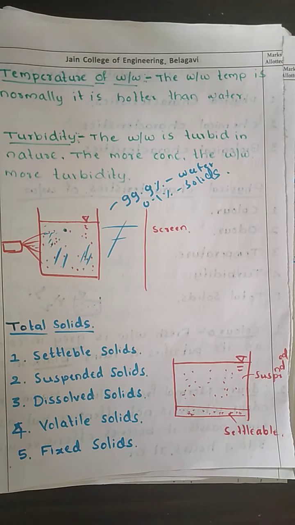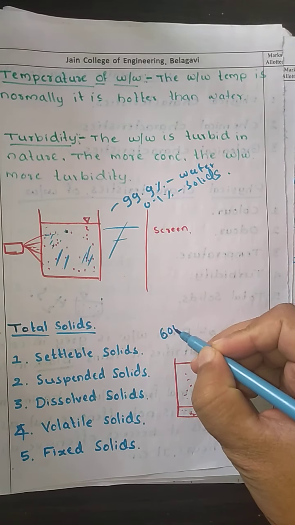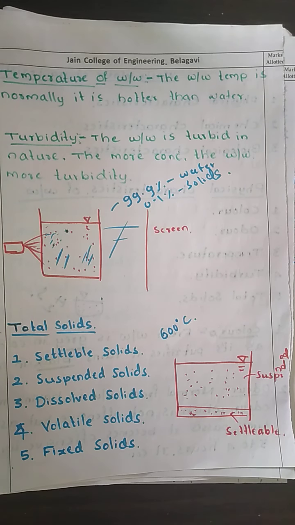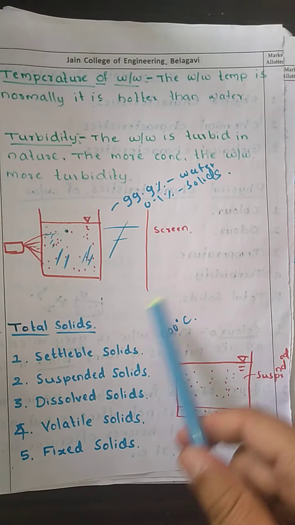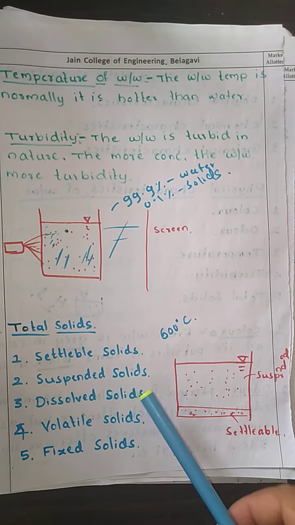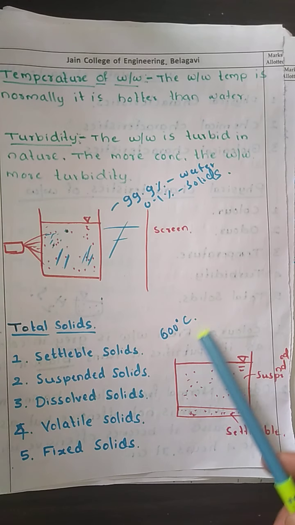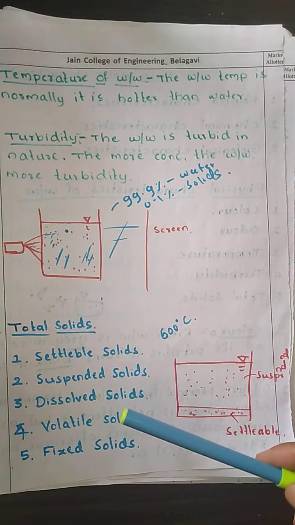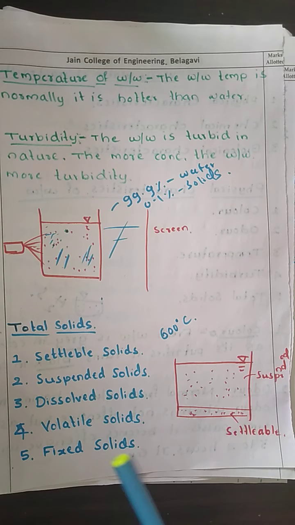If we take a container with some wastewater, there are some solids which are going to evaporate when we heat it to a temperature of around 600 degrees Celsius. Those particles which evaporate at a temperature of 600 degrees Celsius, we call volatile solids.